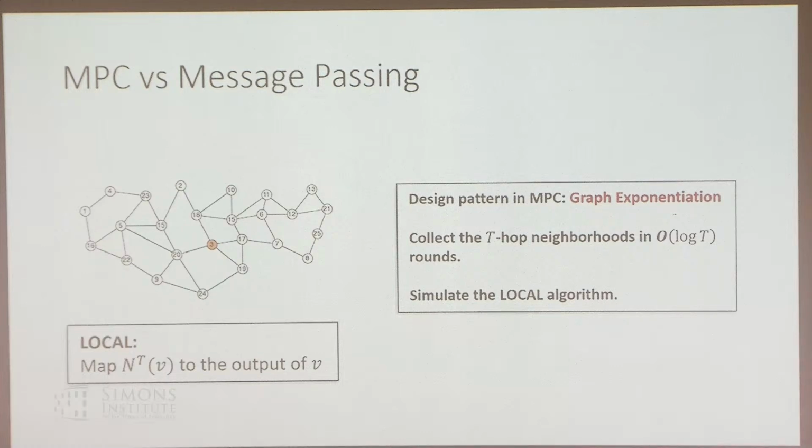Well, in this MPC model, we have this technique called graph exponentiation that allows you to collect these neighborhoods fast. So if you look here, in MPC, we can collect them in log of T rounds. So basically, you're potentially getting an exponential improvement on the runtime. And after you collected this local neighborhood, then you can just simulate whatever the local model would do.